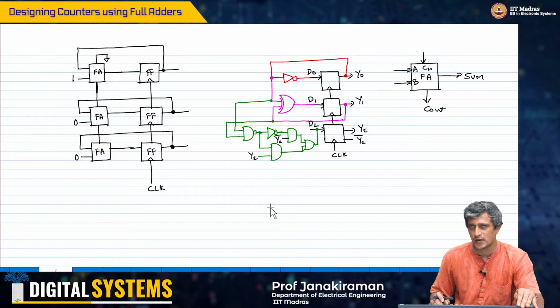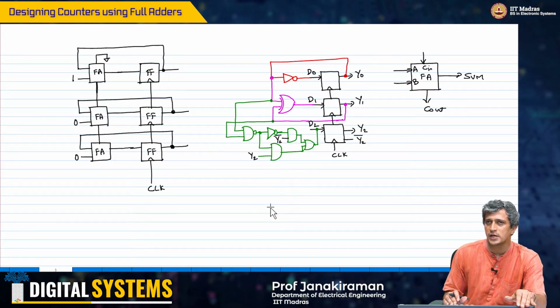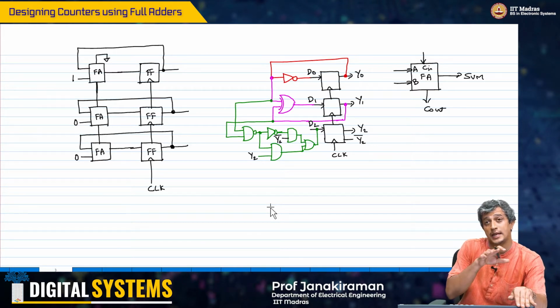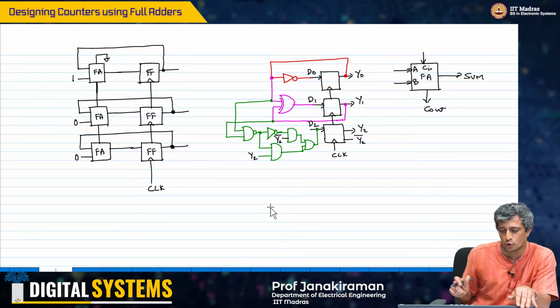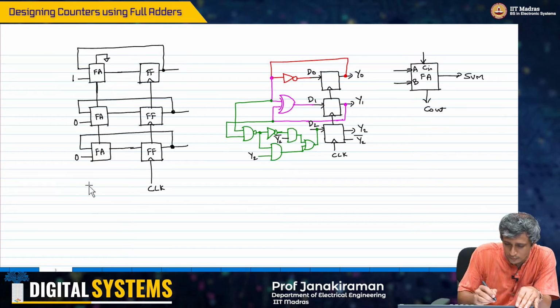So the interesting part is that you will see that these two implementations are basically one and the same. The reason for that is what is on your right hand side is actually a simplified logic diagram of the left hand side, but with a specific input of 0, 0, 1. I'll show you what that is. So you take this full adder circuit.